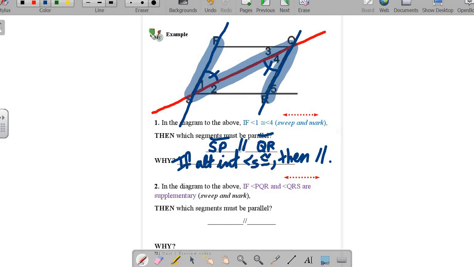Ready? We're going to try another set here. We are told this: if PQR and QRS are supplementary.